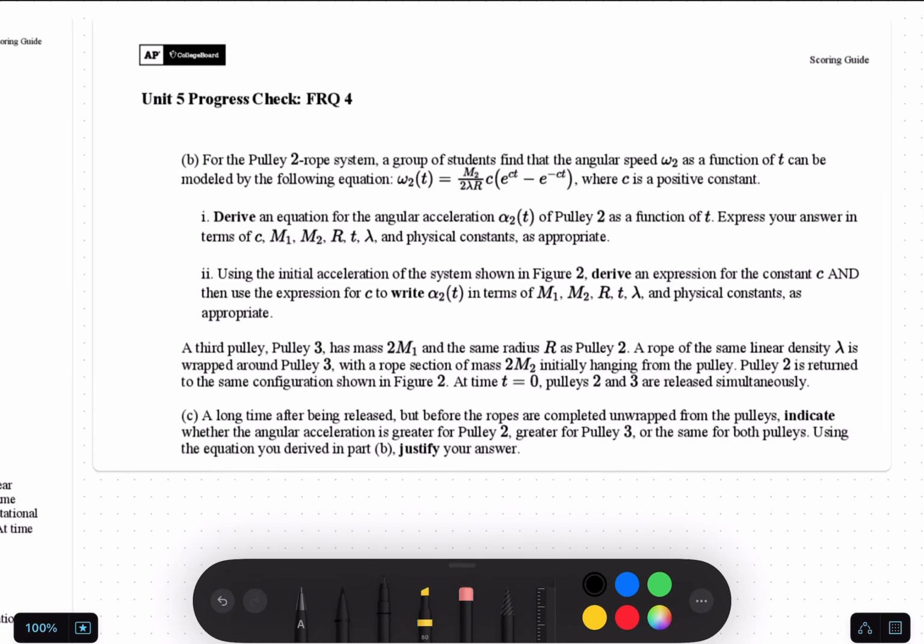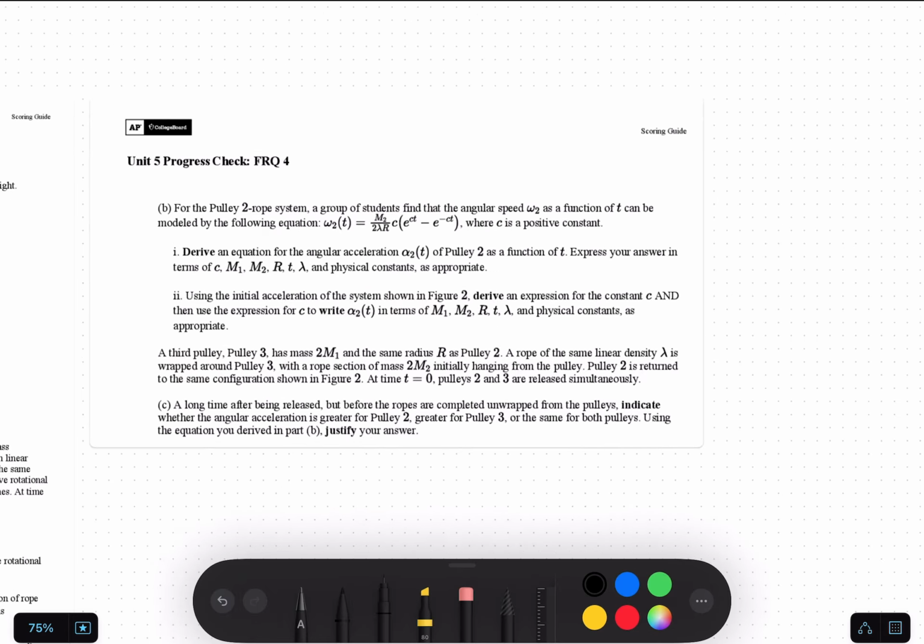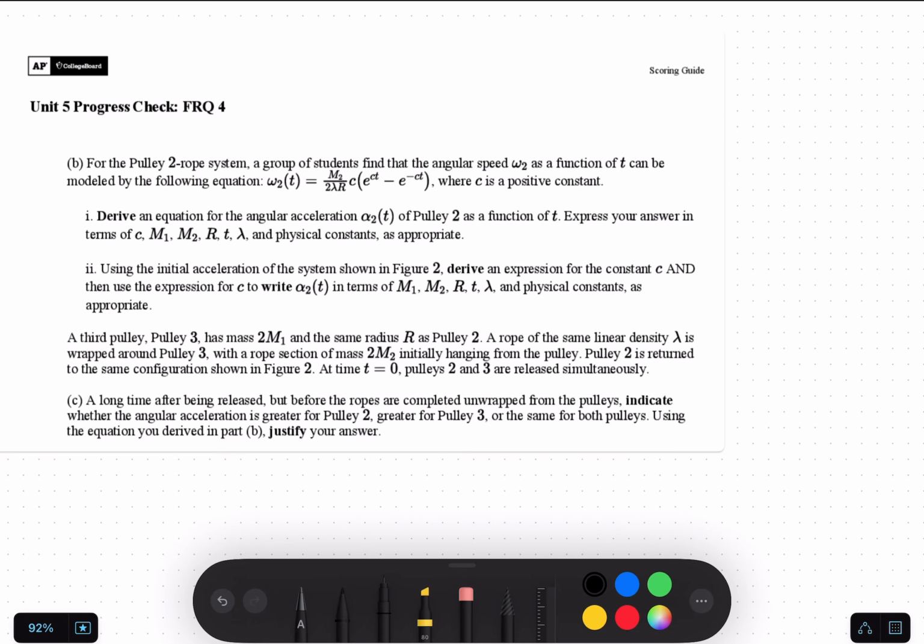For part B, a group of students finds that the angular speed as a function of t can be written as this function, where c is a positive constant, and derive an angular acceleration for pulley 2. Express your answer in terms of physical constants.